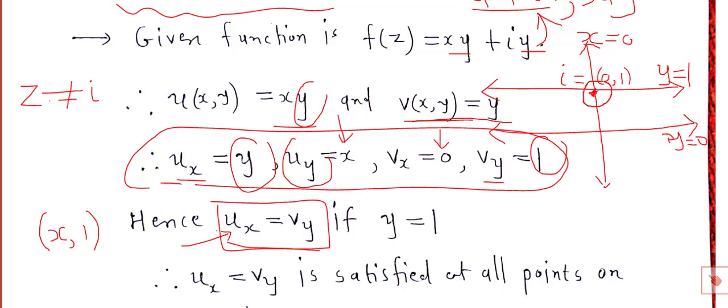If I consider any circle with center as this point, ordered pair (0, 1), then there are infinite number of points in that circle which are different from center i, and the function is differentiable at only one point i. So there are infinite number of points in that circle at which the function is not differentiable.